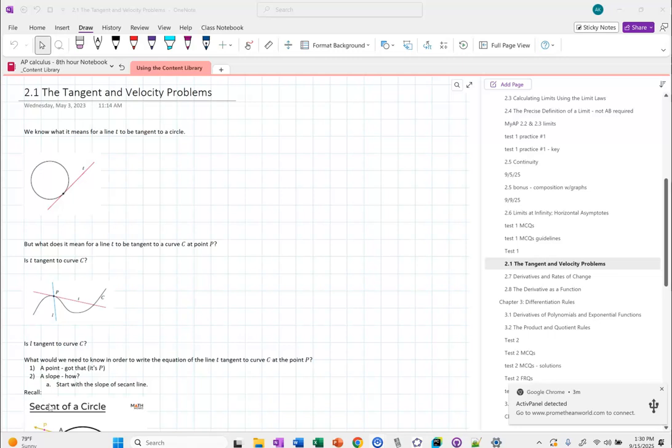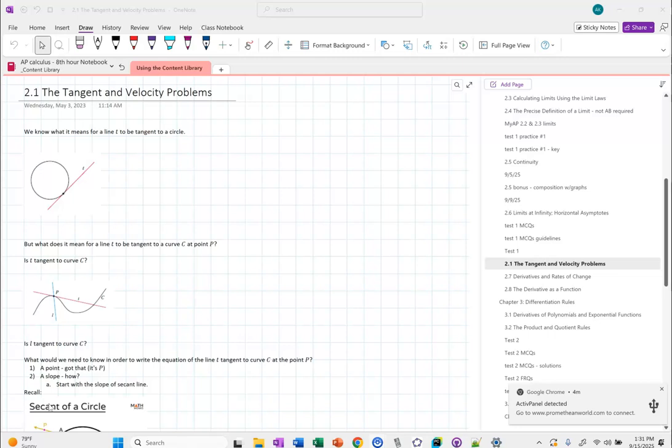I can calculate the average velocity of a falling object by measuring how far it fell and the amount of time it took: distance divided by time. But if I want to know how fast it is moving at that one instant before it hits the ground, or anywhere along the path, I need to figure out the slope, that rate of change, with just one point. That's the workaround calculus is designed to get around: how do I calculate the slope of something with just one point instead of two?